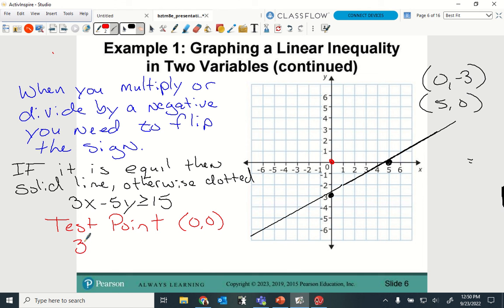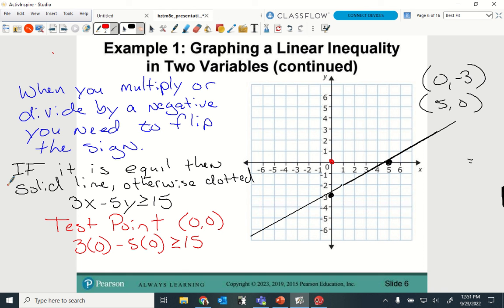So I'm testing that point 0, 0. So let's see, 3 times 0 minus 5 times 0, is that going to be greater than or equal to 15? This is why I like using zeros, because it makes the math really easy. So 3 times 0 is 0. Minus 5 times 0? 0.